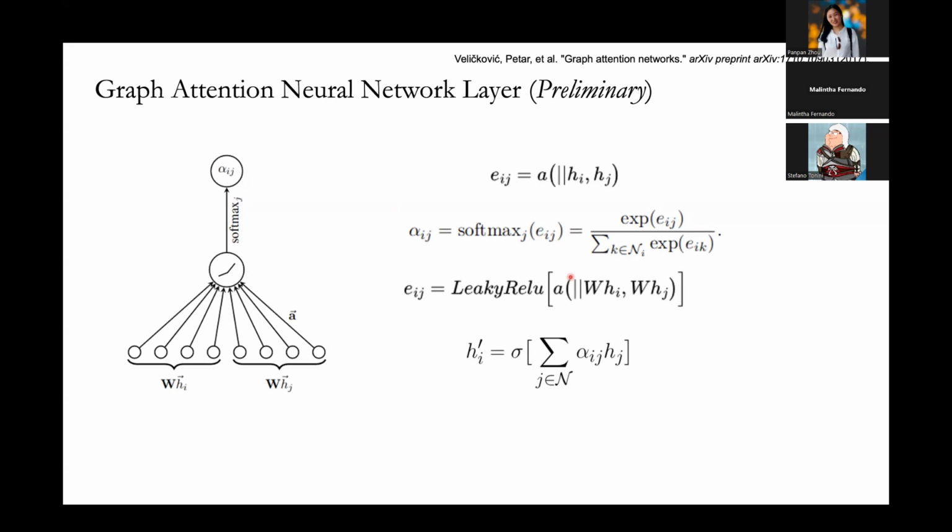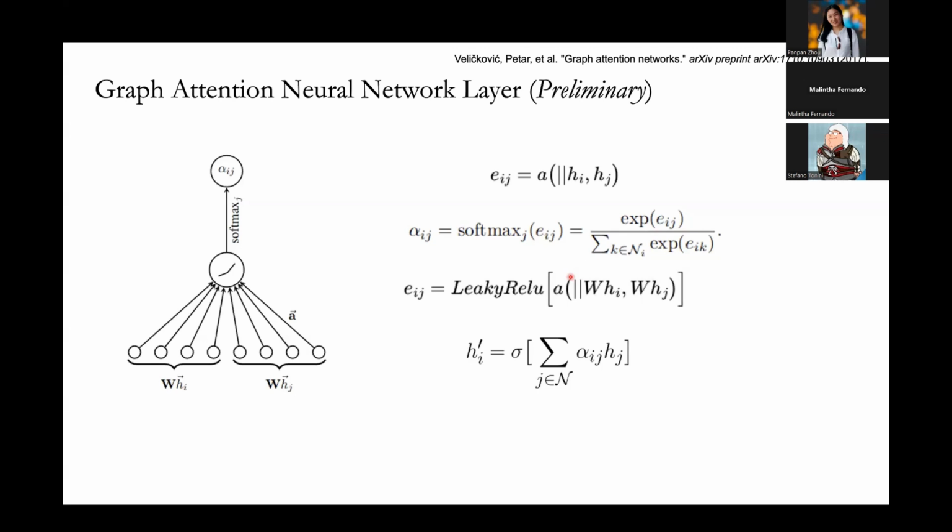For example, I have two nodes here, the ith node and the jth node. Each of them is associated with a feature, hi and hj. We have a weight matrix W, and we project these into a different space. Then we take this projected feature space and send it to an attention neural network, a linear neural network.